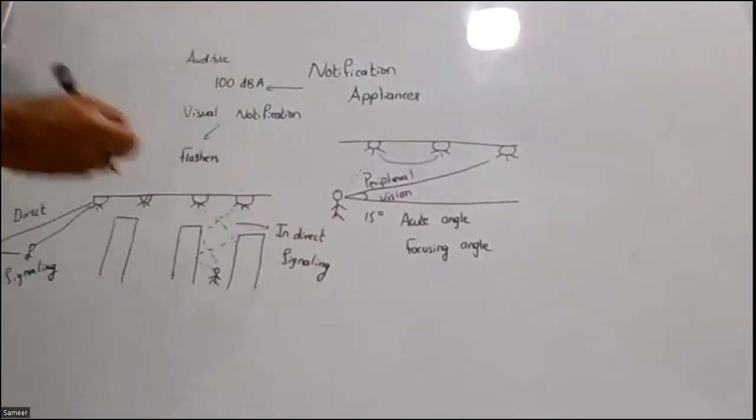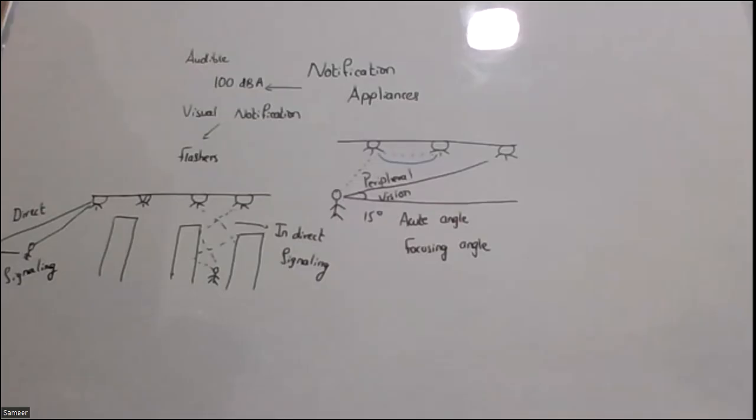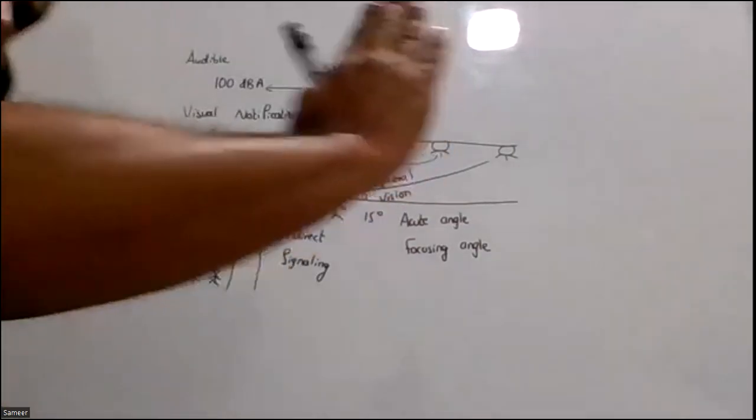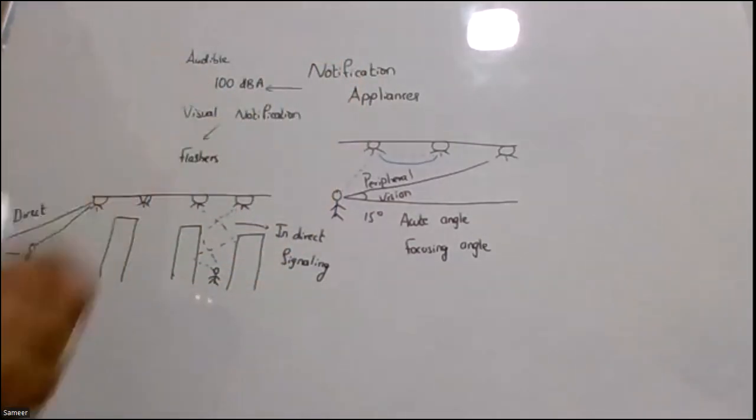Why is direct or indirect signaling important? Direct signaling means that the strobe light should have an illumination that points up to a point. Let's say if I am having direct signaling of a visual notification appliance, the illumination should not be that high.